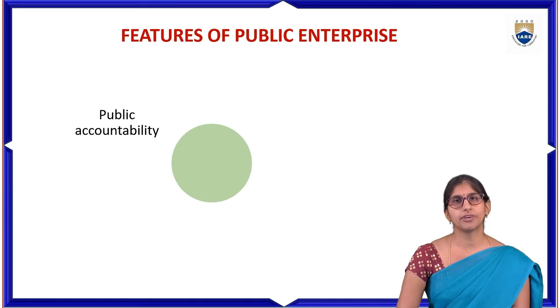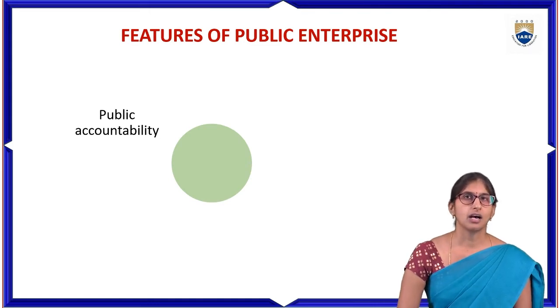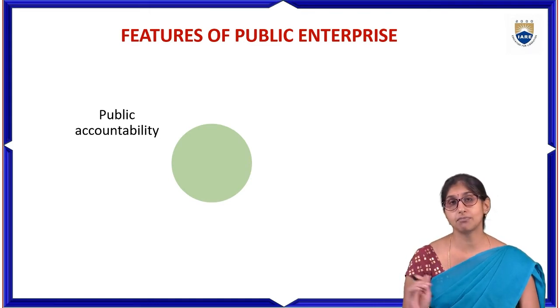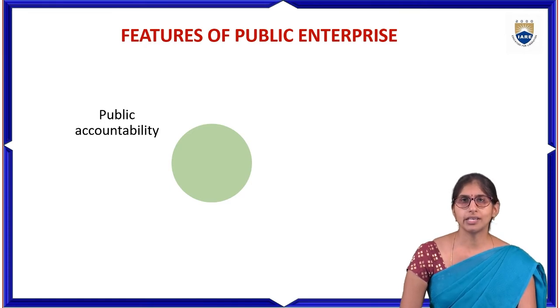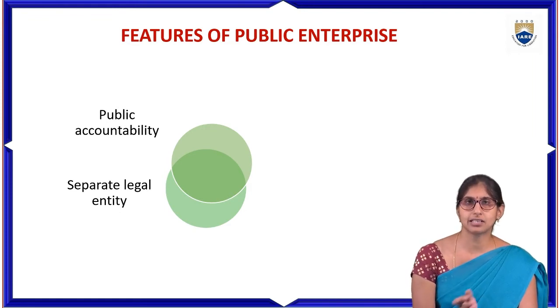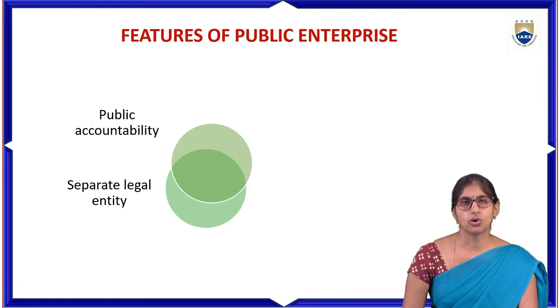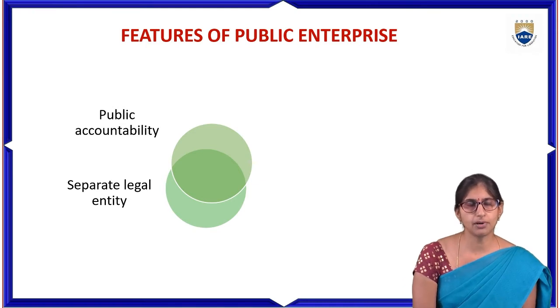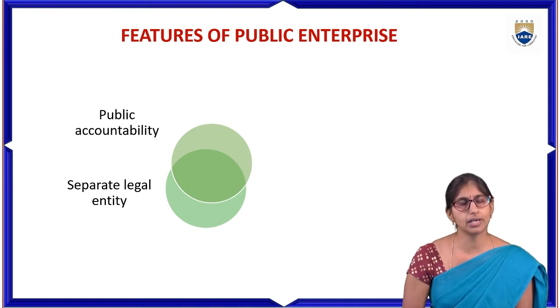And now coming to the features of public enterprise, the first one is public accountability. Here we see public accountability, and we also see a separate legal entity, just like a joint stock company. The people who are shareholders of this public enterprise are not going to have unlimited liability.